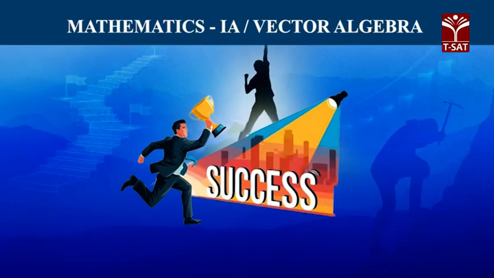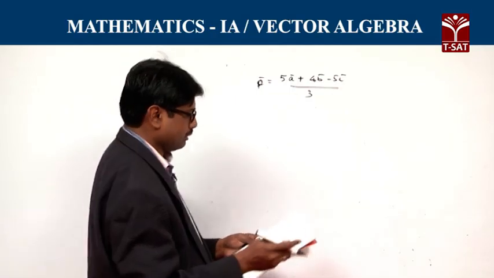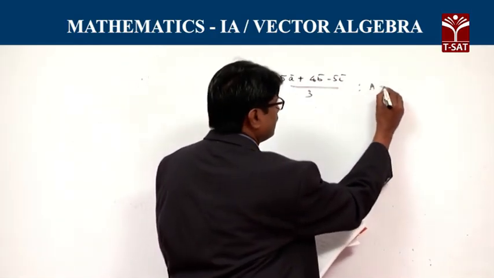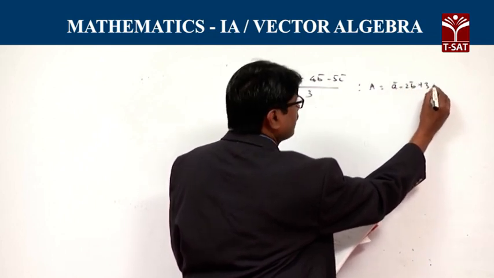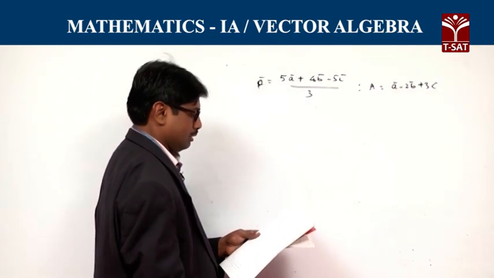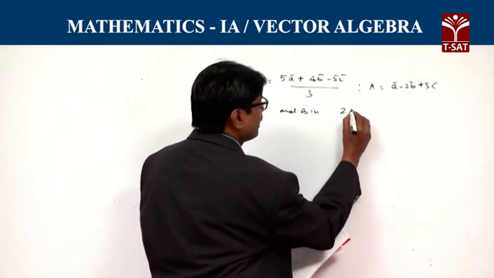A point P divides the line joining A and B in 2:1 ratio.